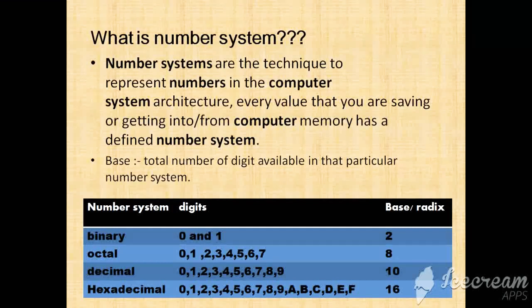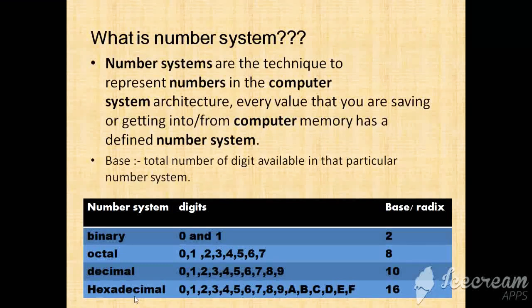In this we have encountered the base. Another name of base is radix. It is the total number of digits available in a particular number system. A quick recapitulation: binary number system base is 2. Octal number system base is 8. Decimal is 10, that humans understand.